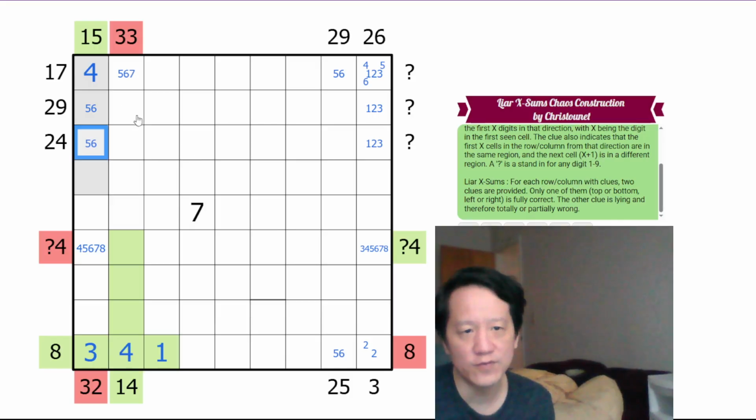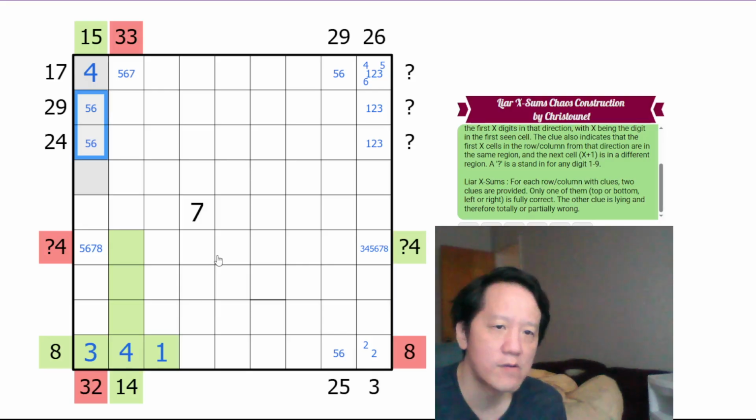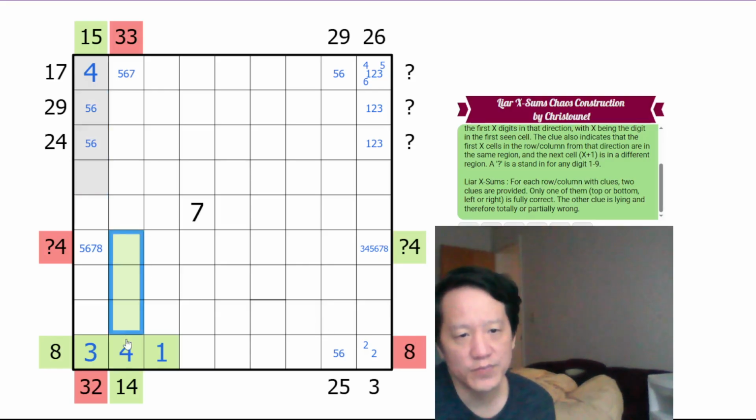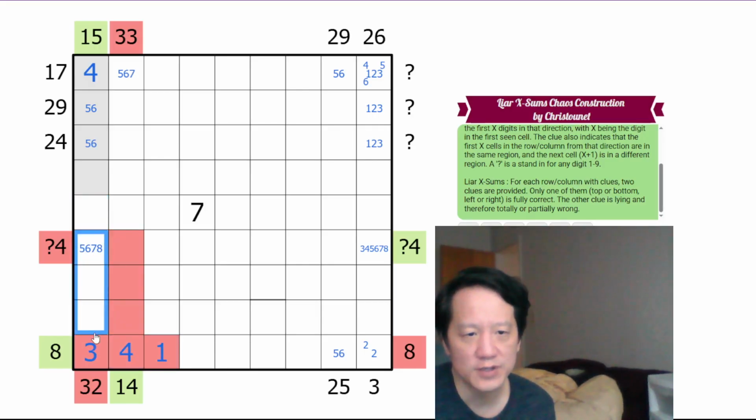Obviously, this couldn't be 4. This can't be 4. So these digits would have to add up to 15. So this would be a different region. Oops, this would be red. This could not be red. If that's red, this would be too large of a region, because this would have to be the same region then.